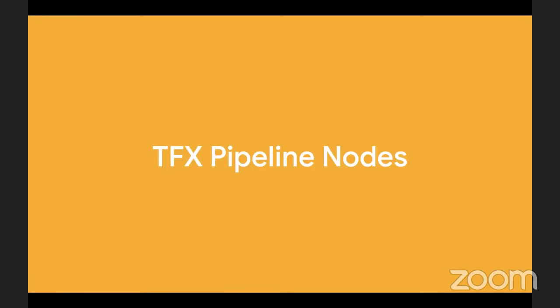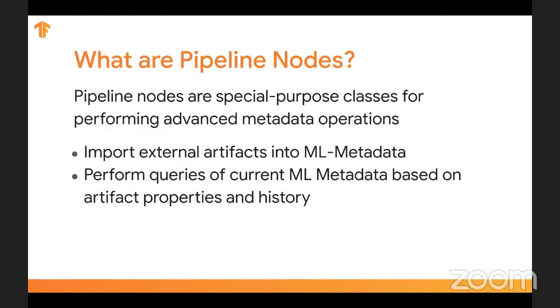Okay, so we've talked about components. Within TFX, there are also nodes. So what are nodes? Pipeline nodes are really special purpose classes, and they're used for interacting with metadata. So they do things like if you want to pull an external artifact into metadata and use it in your pipeline, or if you want to look into metadata and perform queries.